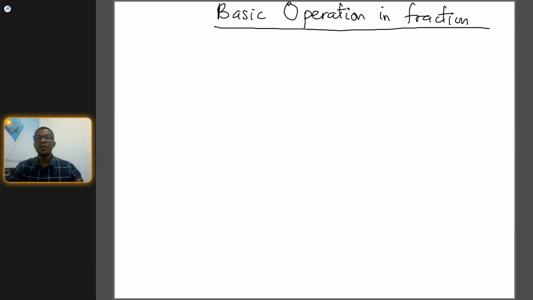When we hear basic operations in fractions, there's no way we can treat this aspect without using what we know as the rule of BODMAS. So we have BODMAS.